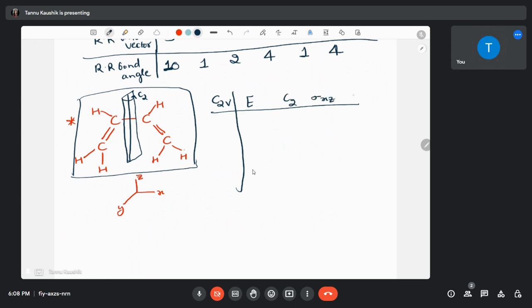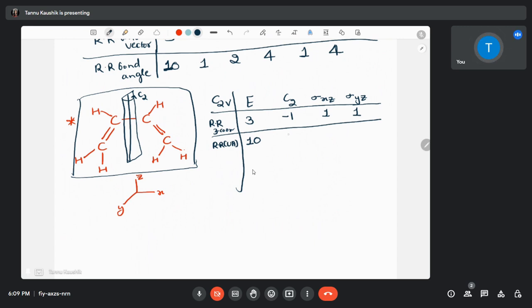E, C2, sigma xz, sigma yz. So the reducible representation for three coordinates will be 3, minus 1, 1, 1. Reducible representation for unshifted atoms. So the number of atoms over here is 1, 2, 3, 4, 5, 6, 7, 8, 9, 10. So we have 10 atoms.